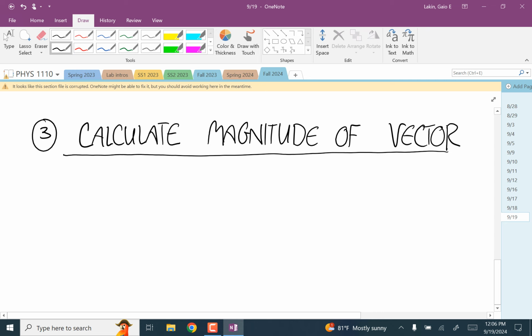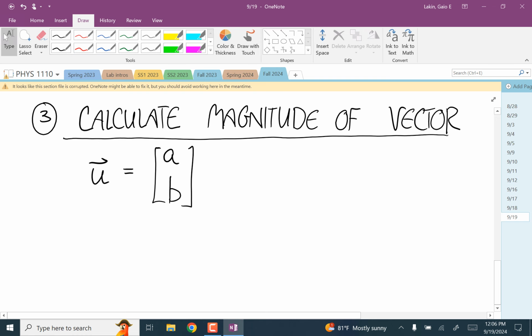If we have a vector u that has components a, b, then the notation for the magnitude of a vector is the absolute value symbol. You can think of the magnitude of a vector as like the absolute value of a vector. So the magnitude is equal to the square root of a squared plus b squared.